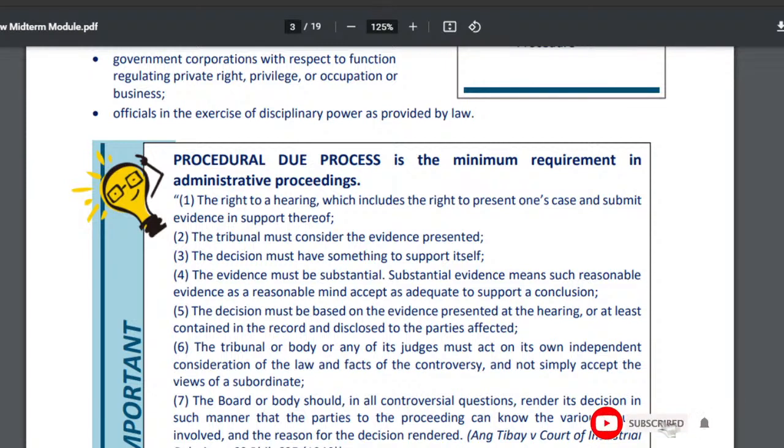Being the administrative officer or the judge to a particular case filed before your administrative office, you must have your independent consideration of the law and facts of the controversy that is filed before your office. You cannot just say nga ako ni siyang gibasihan tungod sa katong gisulti sa akong subordinate nga bright kayo. No, cannot be.